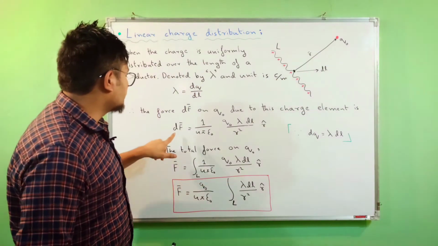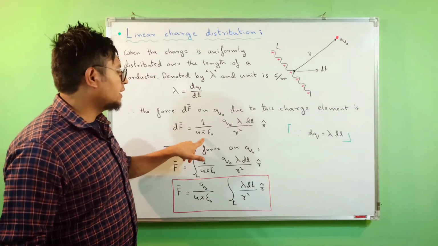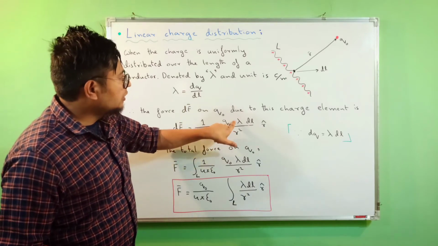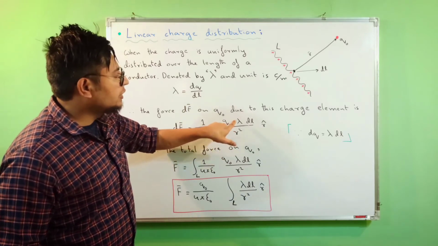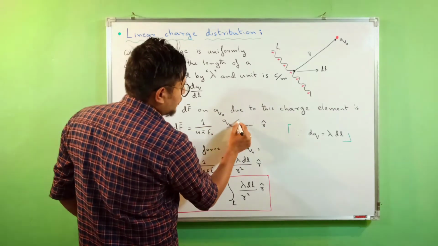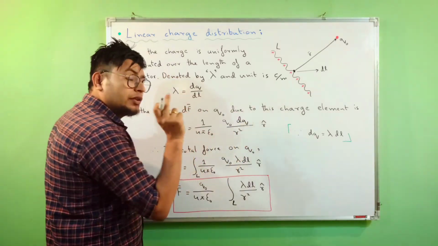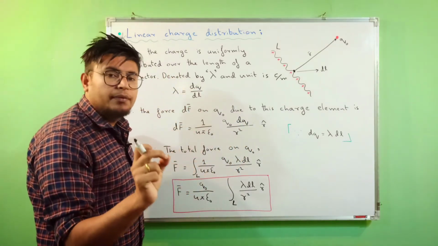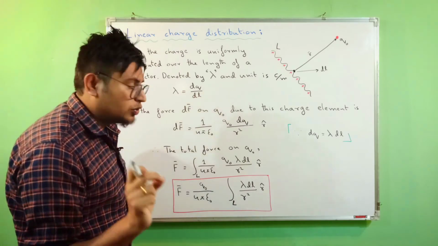So it becomes dF equals 1 by 4 pi epsilon naught, Q naught divided by r square, and out here I should have written it in this form, dq. This expression is the same as in Coulomb's law.